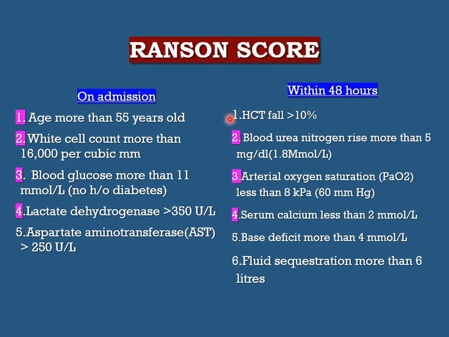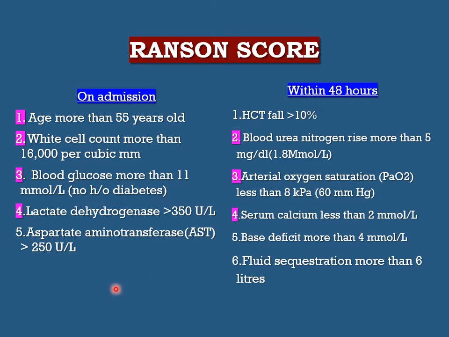It's a fall in the hematocrit, blood urea nitrogen elevation, a decrease in arterial saturation, an increase or a fall in serum calcium, an increase in base deficit, and fluid sequestration more than 6 liters. If any of these is positive, then the patient is given 1 point for each factor.